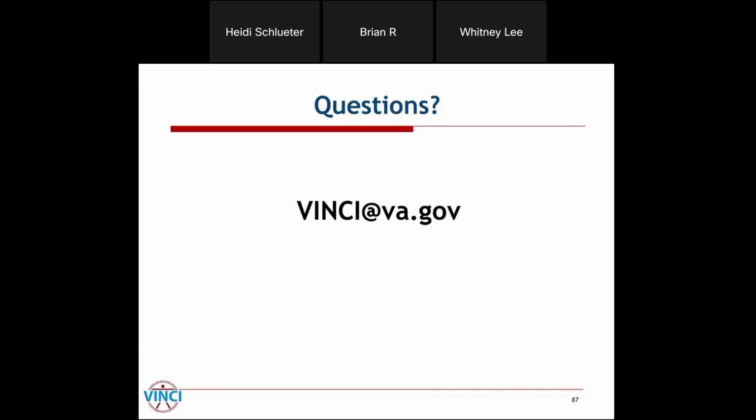The next question we have here, assuming approval is granted, what are the advantages of using SSN in a study over ICN? That's a great question. The only advantage I can think of is if the research question you are doing requires that you use data where the SSN is the only identifier for that patient available.